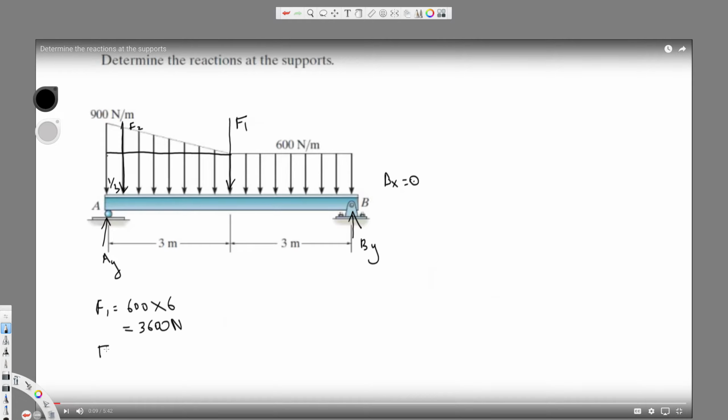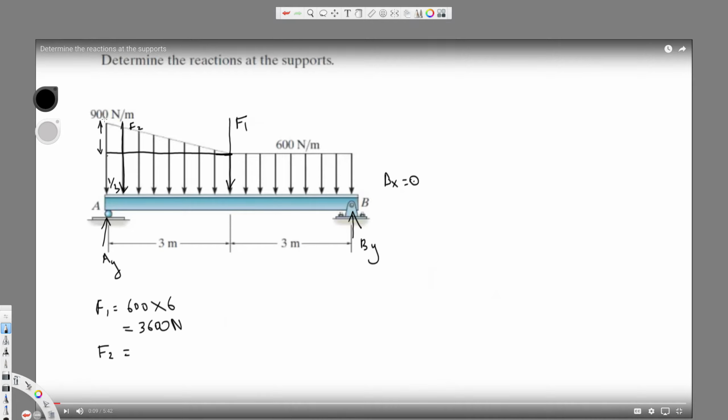And to calculate F2, I have to use the triangle, but I had to choose this much distance because this is the triangle's height, right? So 600 is from here. We know that the rectangle is starting from 600, so we have to deduct this 600.